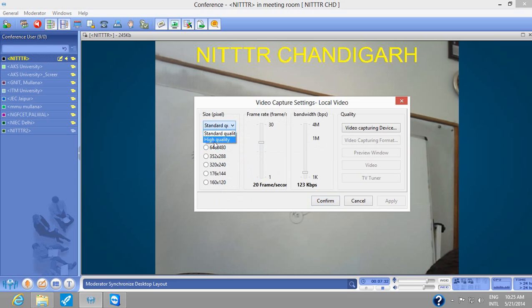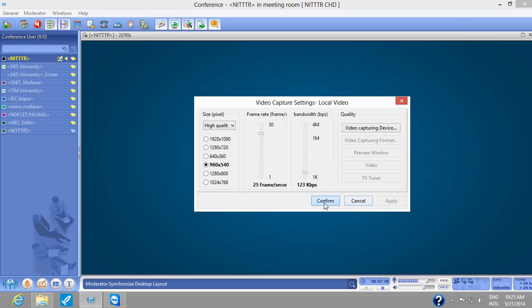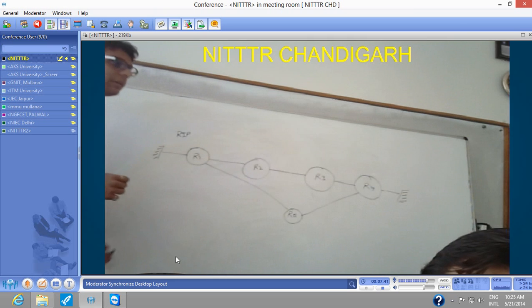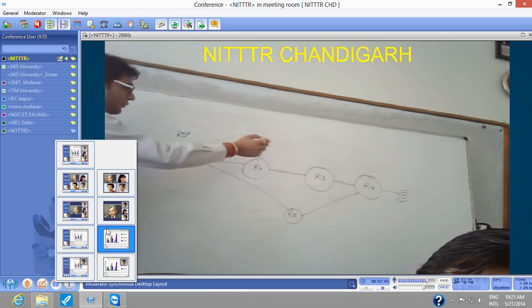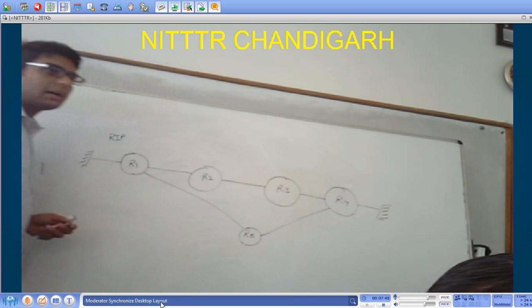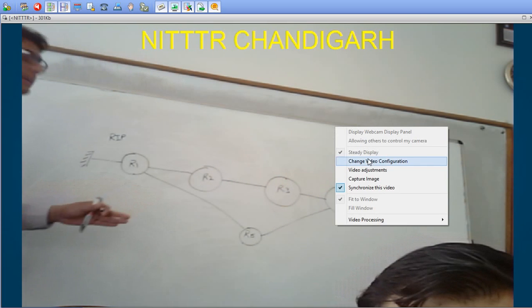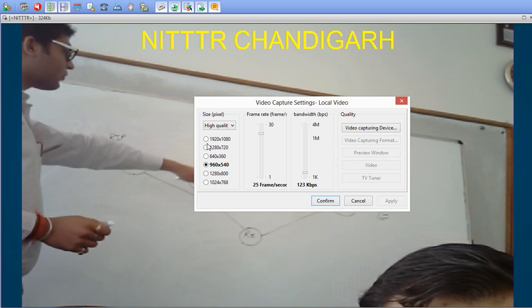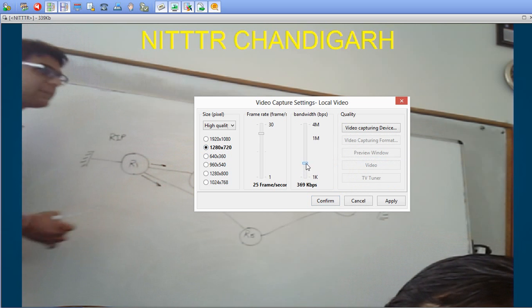In this particular case, R1 will send the route after 30 seconds to R4, and R4 will send the route to R1. And the same route will be sent to R4 from R1 via R5. Agreed or not? Anyone having doubt in understanding this? If R1 is sending the route to router number 2, it means it will be sending the route to R5 as well.